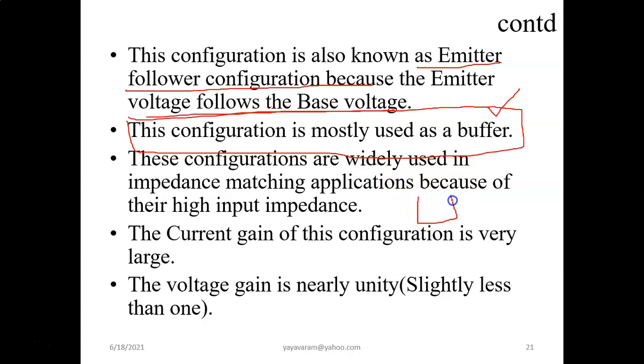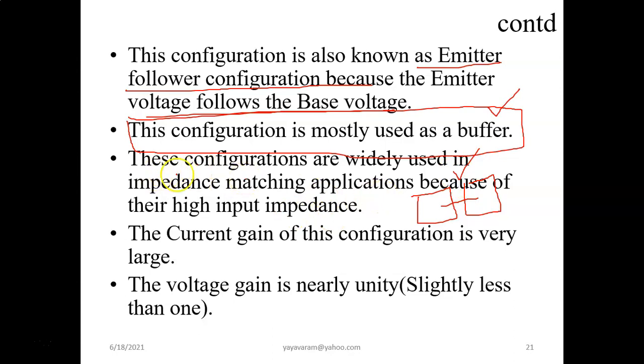When I want to connect two devices and match their impedances, a high-impedance device must be matched with another at the output. Then we use a common collector because it has no voltage gain. It does not work as a voltage gain amplifier, so it will not change the input value, but it provides very high input impedance. So it acts like a buffer which does not change the voltage.